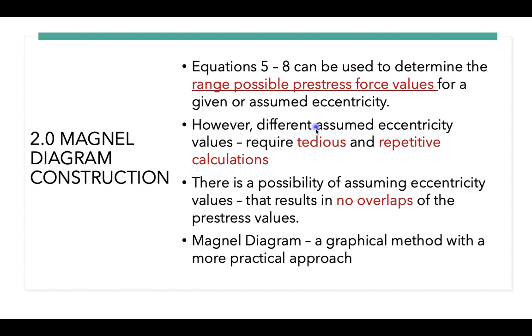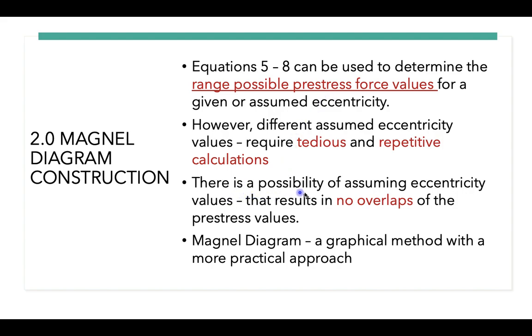However, different assumed eccentricity values require tedious and repetitive calculations. For each different eccentricity, we have to calculate four times using these equations in order to get the range of possible prestress values.